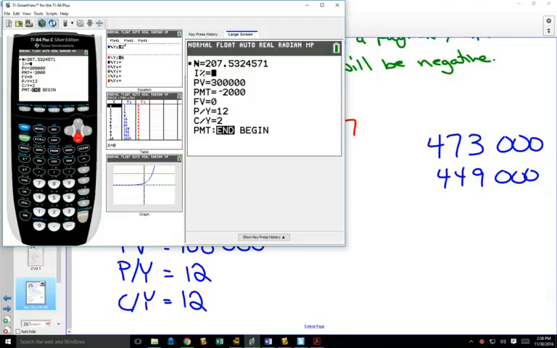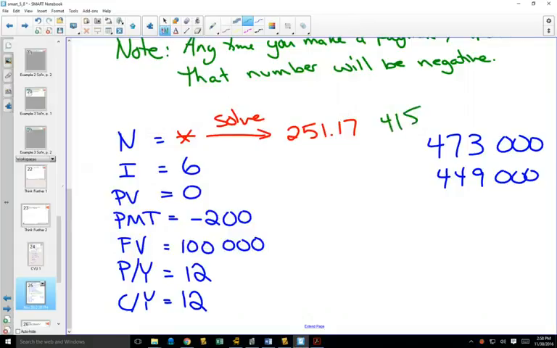How much is that going to affect the final amount if you increase your payment? So now I'm going to take this $2,000 and multiply it by 207.5. It originally was 473 at 4%. How much money did you save? And again, this is something a lot of people don't realize.